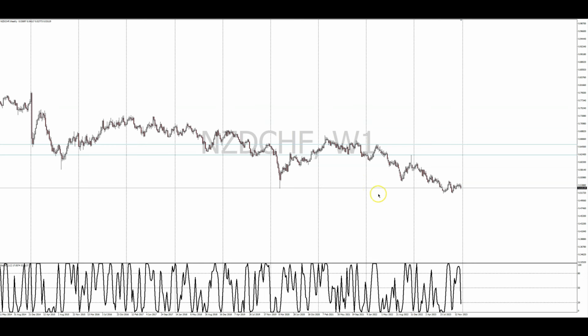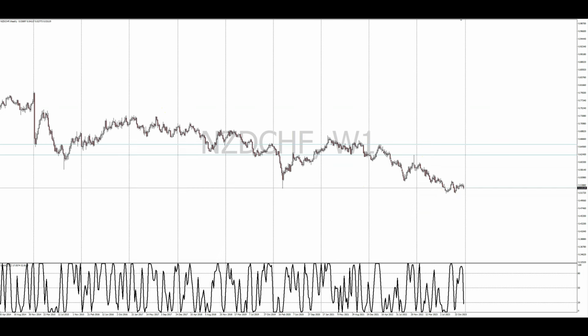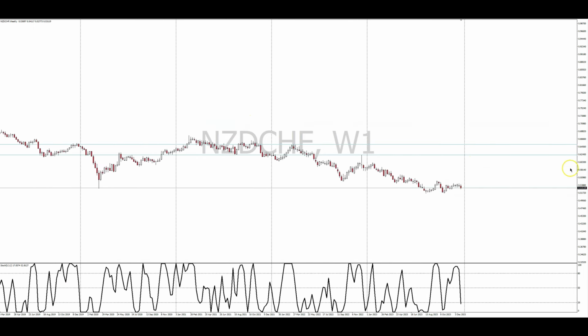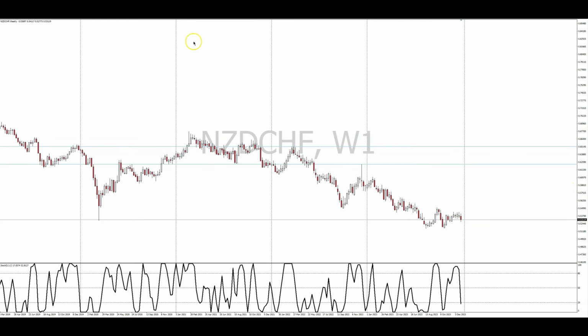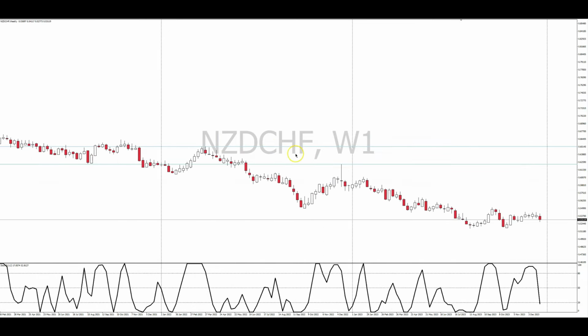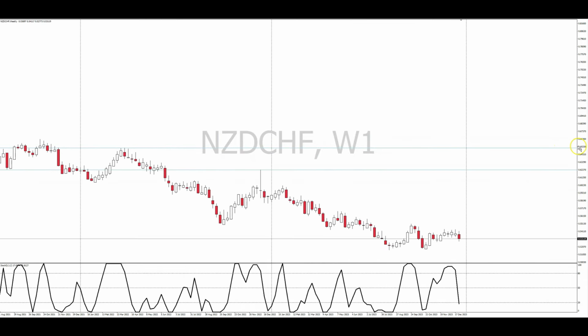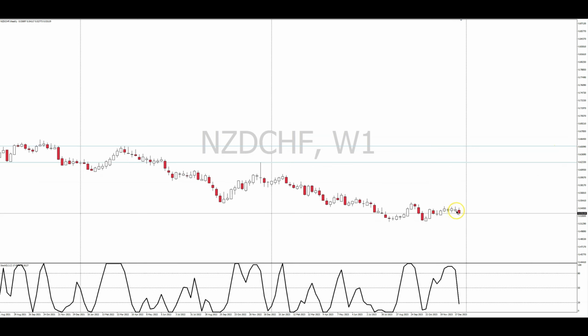If you go to your weekly chart, you will see that this market is trending downward. But if you expand the candles, you'll see that last week the market closed bearish, right? Make this a little bit bigger. The previous week, the market closed here, then it opened up here and it finished bearish.